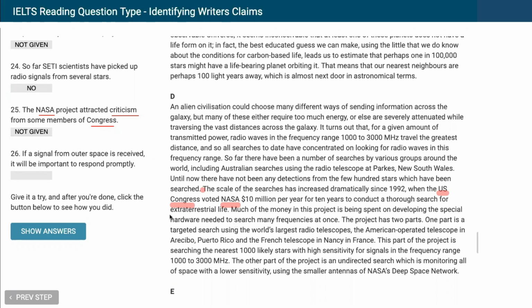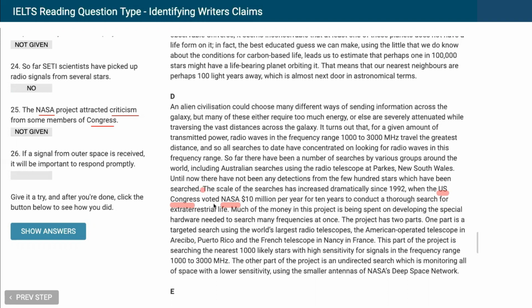However, I will say that some test takers might say, oh, well, since US Congress voted 10 million per year for 10 years, they must be in favor. And for some students, this would make number 25 no, since the passage seems to imply that Congress is in favor of NASA.